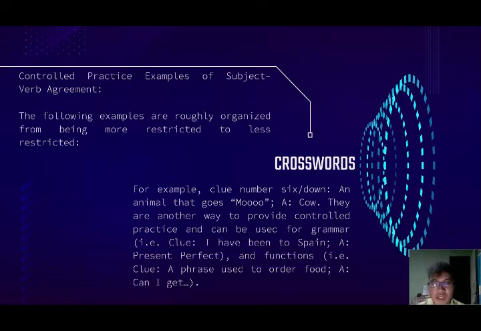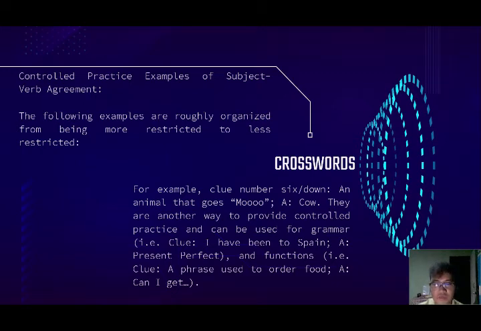You are going to give clues, like this one, an animal that goes moo. The students will put the letters in each box, completing the word "cow," until they have finished all of the boxes. That's it.